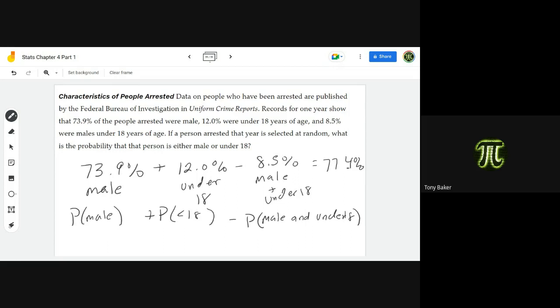We know that 12% is all the under 18, and we know that 8.5% of those are male, so that would mean 3.5% are female and under 18. What's the percent of females total? 26.1. We would just subtract the 73.9 from 100. So with the data they gave me, you could actually figure out quite a bit of information.